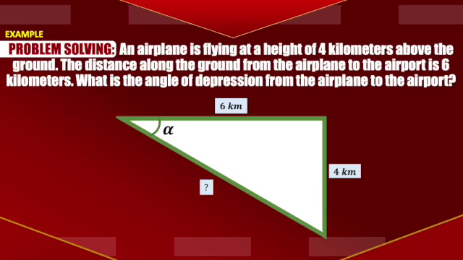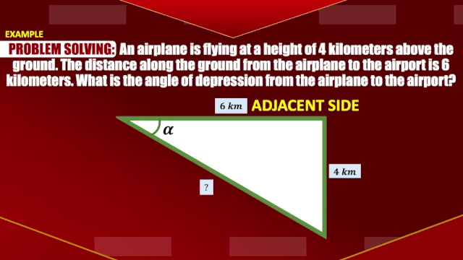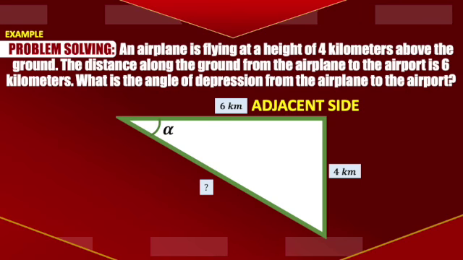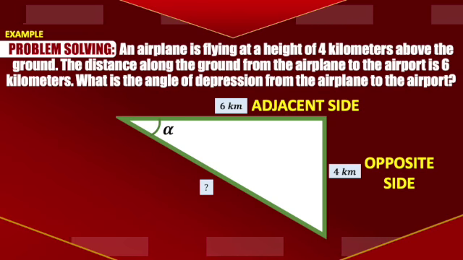The question mark, yung nawawalang measurement na hindi naman given, would be the hypotenuse. Very obvious. So, ang nawawala na lang, alamin natin which one is opposite, which one is adjacent. Of course, the adjacent side is the 6 kilometer, and the opposite side is the 4 kilometer.